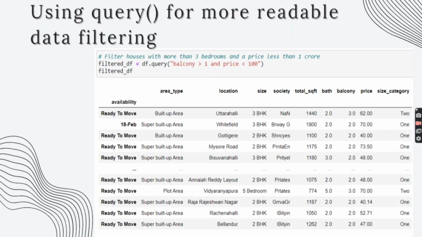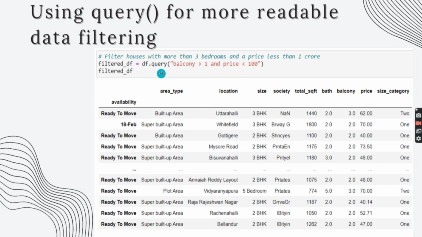Let's use the query for more readable data filtering. The query method allows for more readable data filtering, such as to filter the houses with 3 bedrooms or with more than one balcony where the price is less than 1 crore, or $100,000. I'm using the same filter here using the query. So using query makes complex data filter conditions more readable as well as more concise.